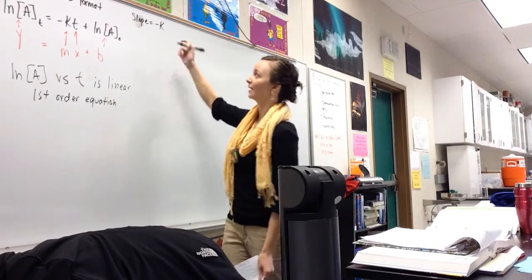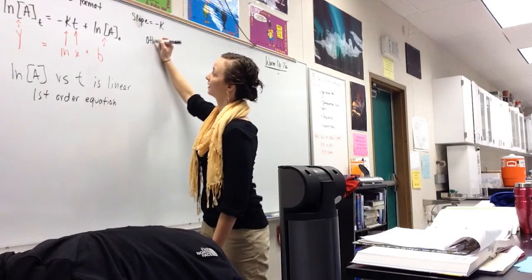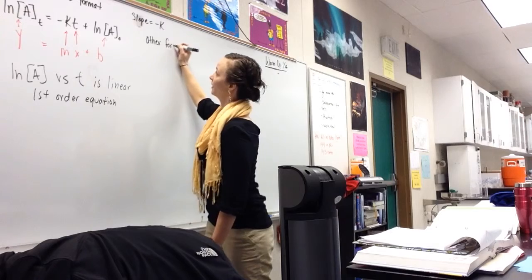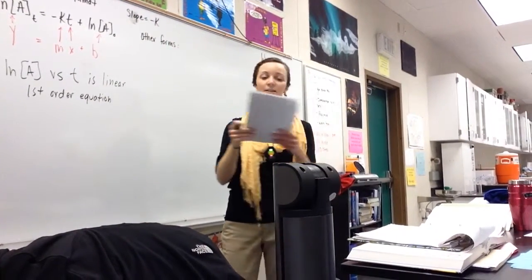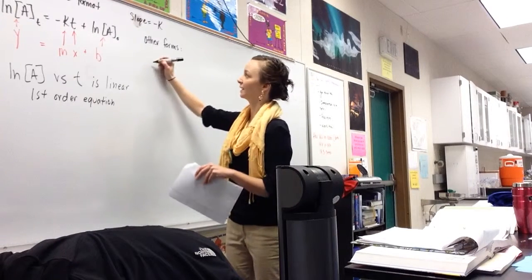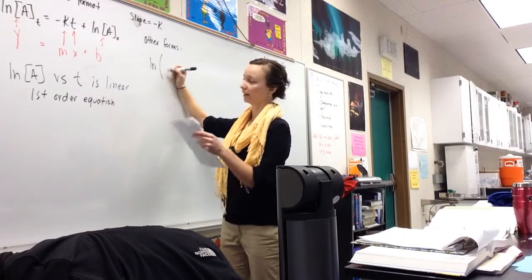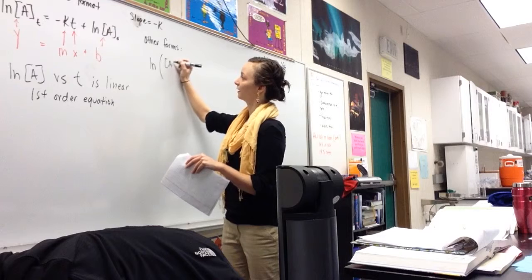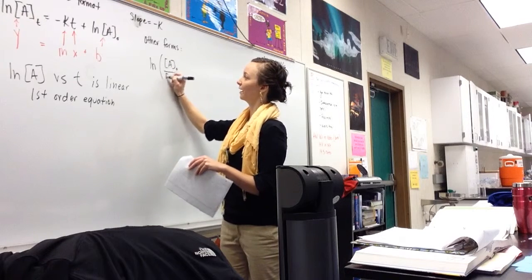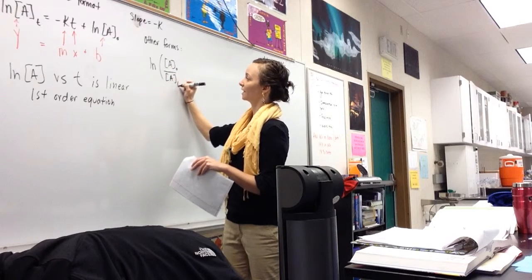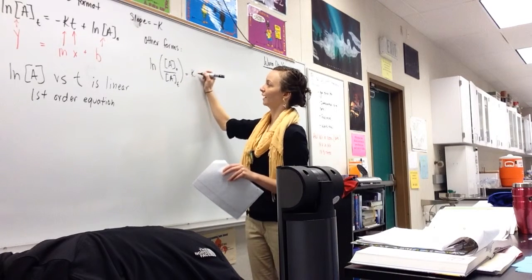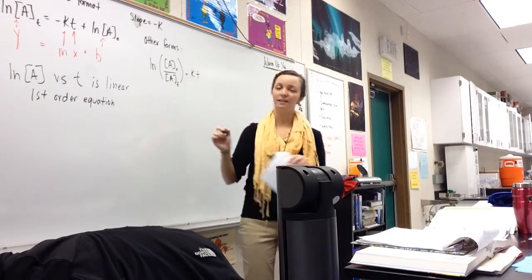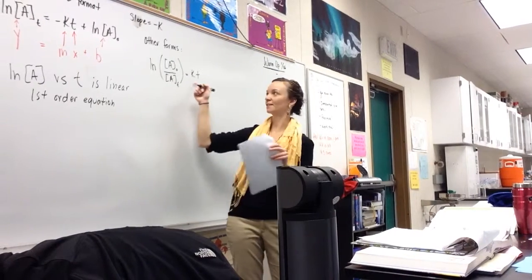Other forms that you might see of this same equation. So we can manipulate this around to solve for different things. So one form that you might see is ln of A initial over A at a specified time is equal to kt. That's one version you might see. Notice that we have a positive k now.